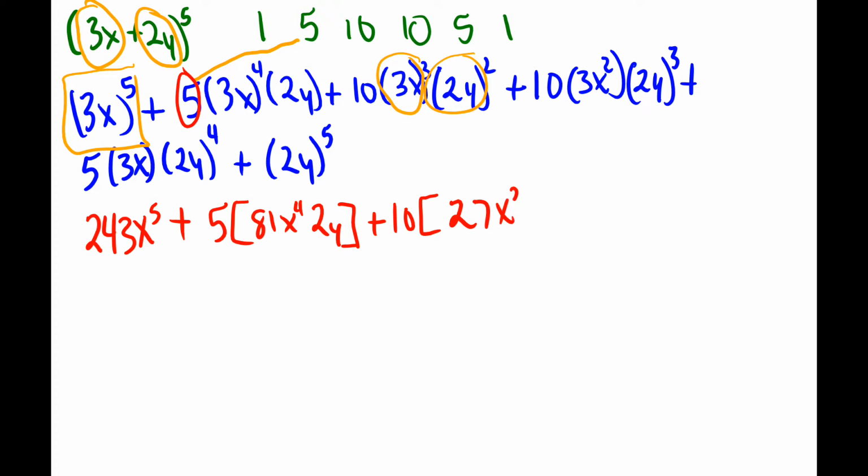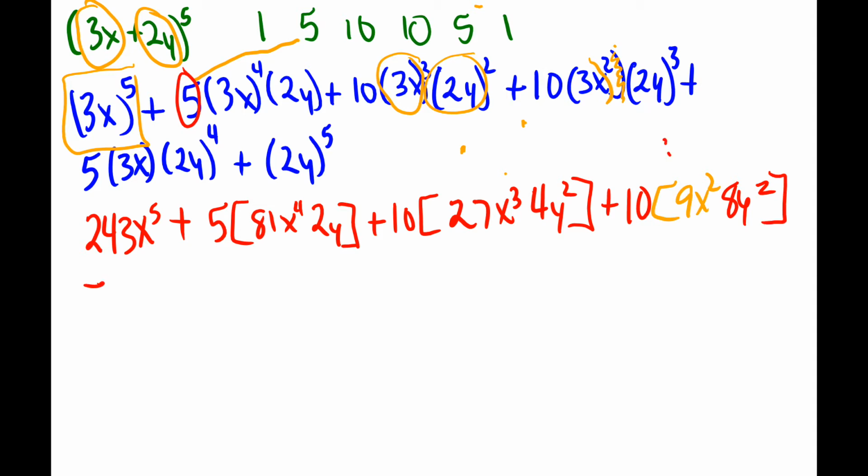So I've got 27x cubed, and 2 squared is 4y squared, plus 10 times (3x) squared times (2y) cubed. Well, (3x) squared is 9x squared, and (2y) cubed is 8y cubed.